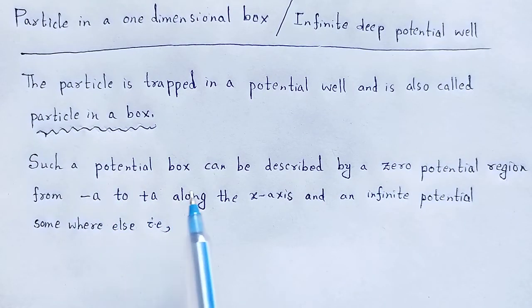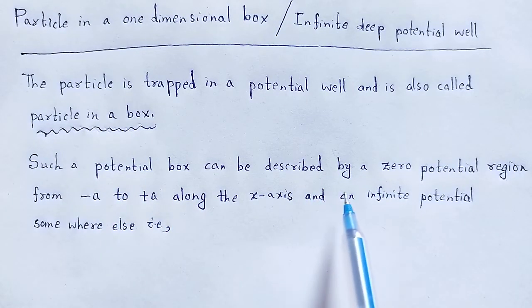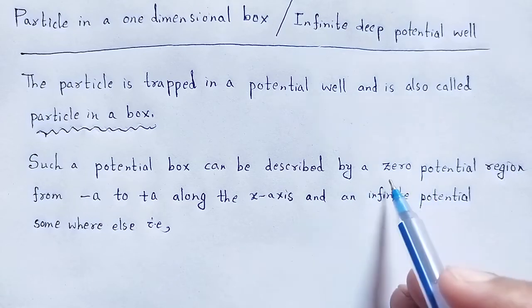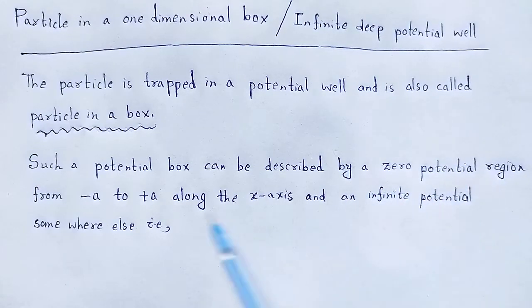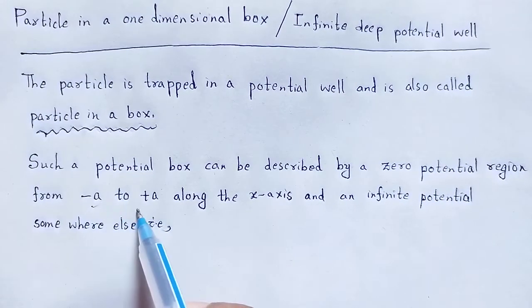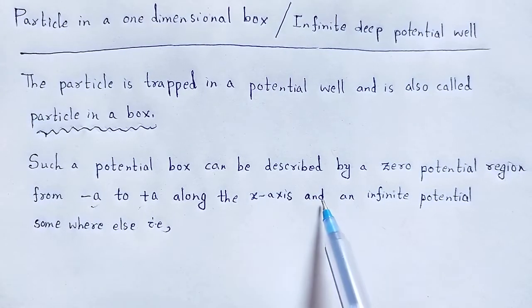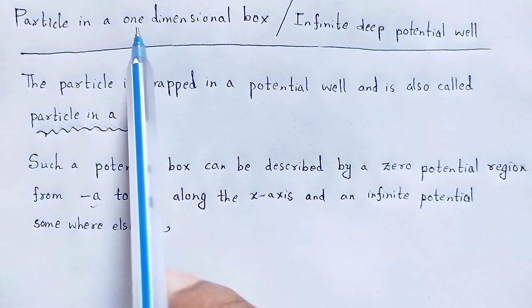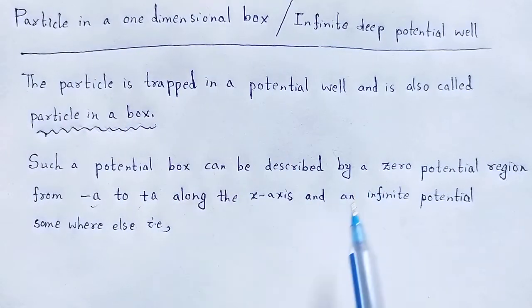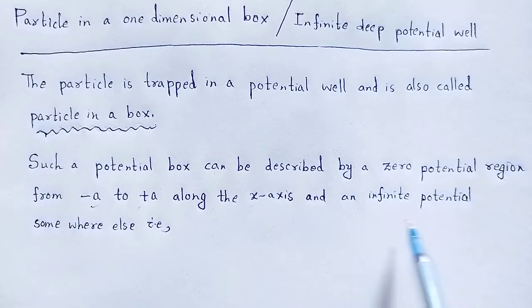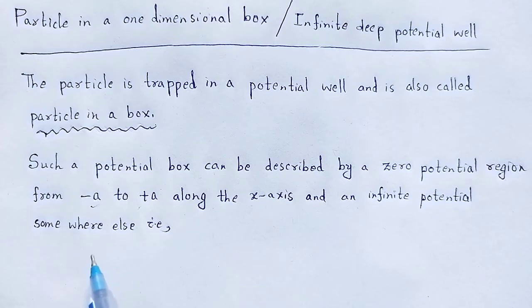Such a potential box can be described by the zero potential region from minus A to plus A along the x axis, as we consider the one-dimensional box, and an infinite potential elsewhere.